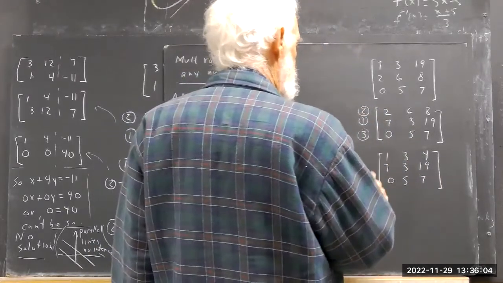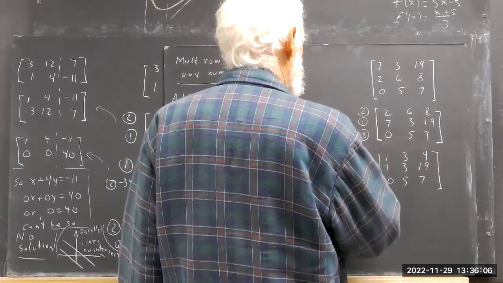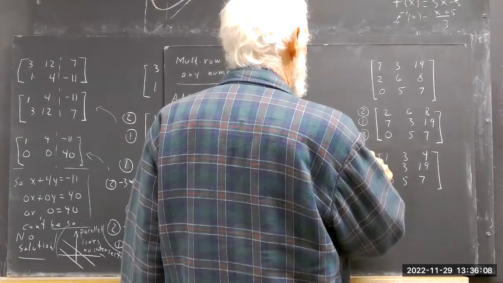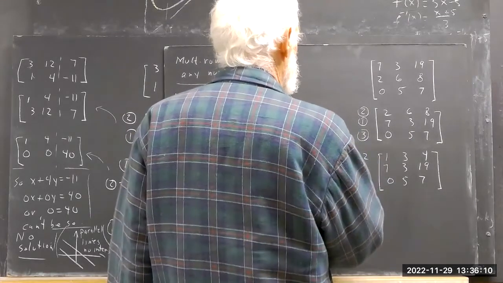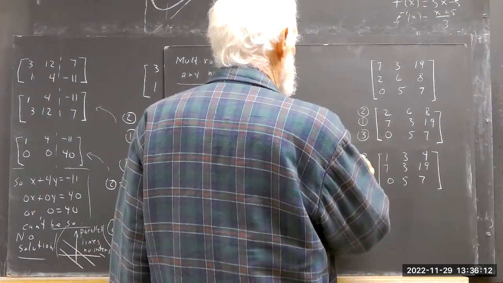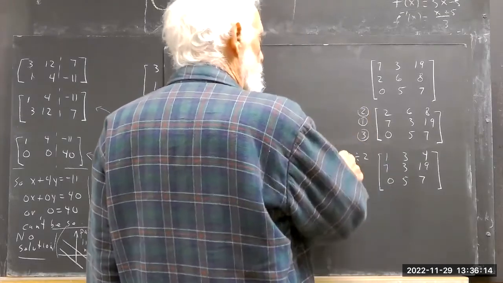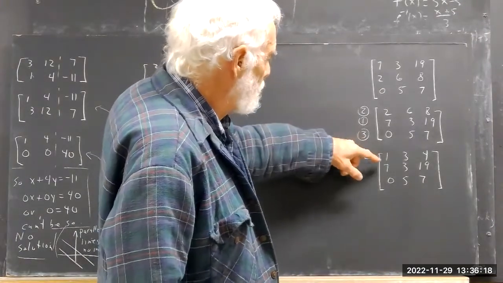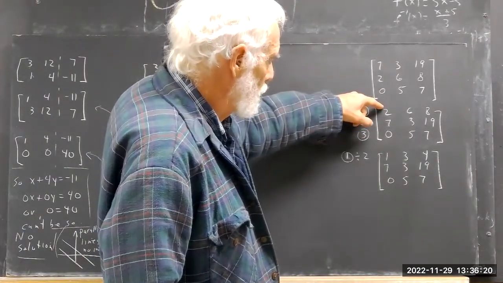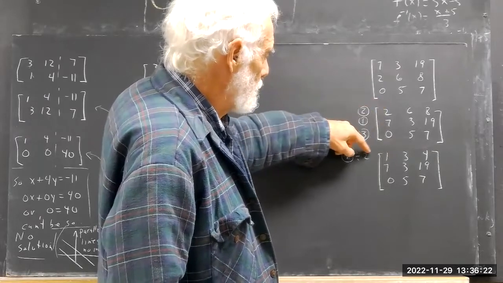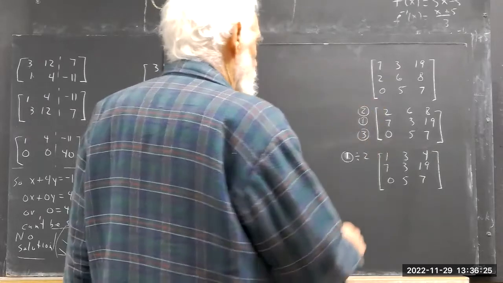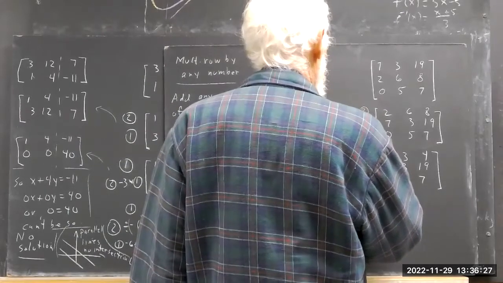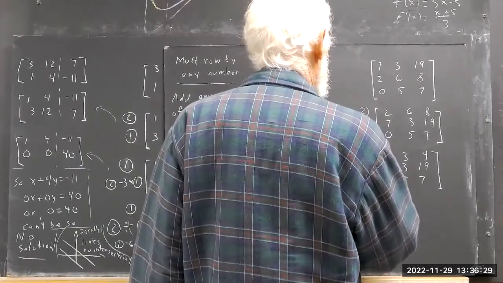There's a 2 there, and I want to write it 2. I think I've done that consistently. But this is my old row 1. This is my old row 1 divided by 2. And then this is now my old row 2. This is now my old row 3.